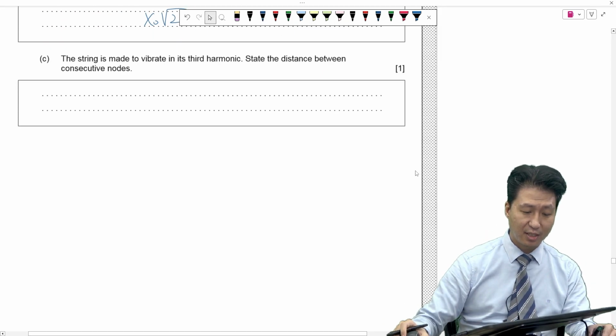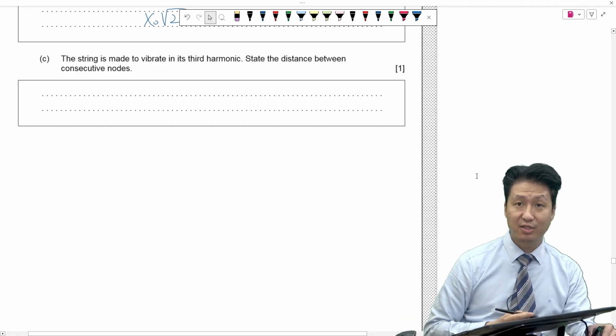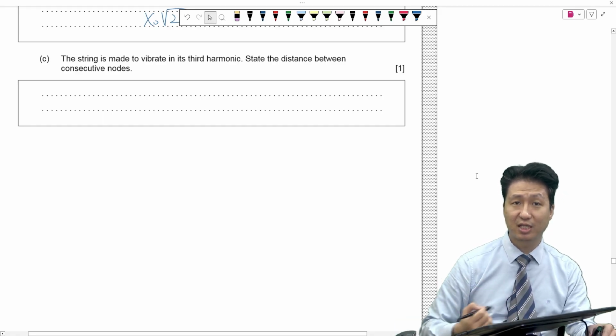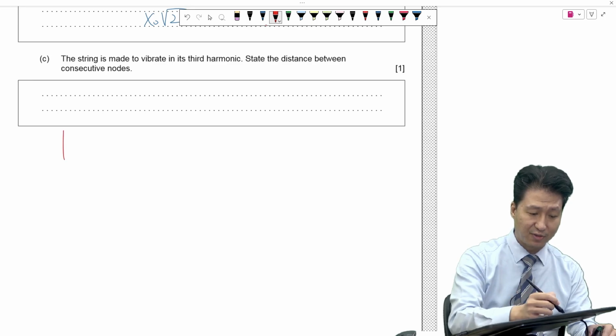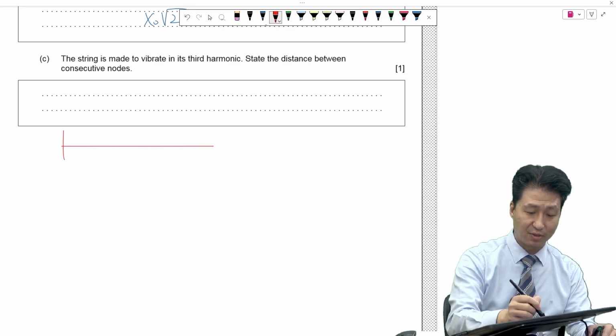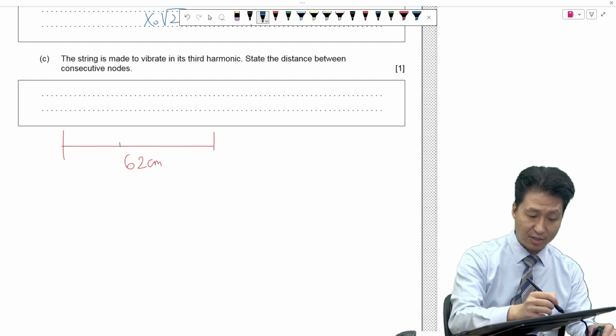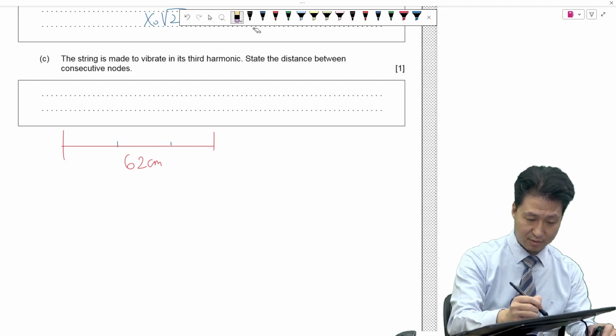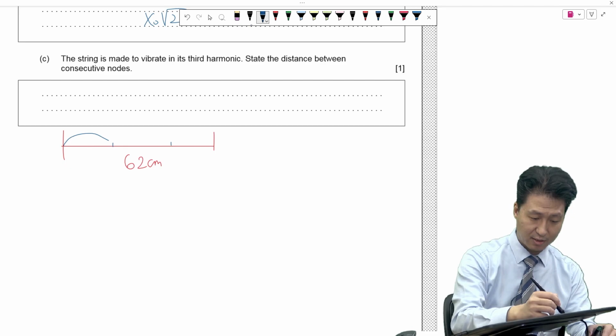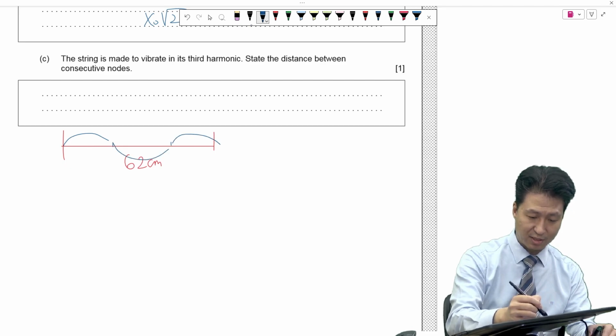Part C. The string is made to vibrate in its third harmonic. State the distance between consecutive nodes. Let's draw the string first. This string from here to here is 62 centimeters. At its third harmonic, we have something like this.